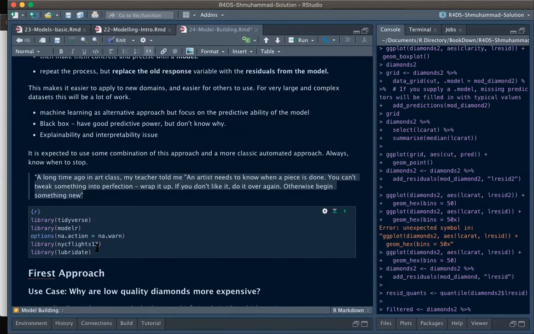What Hadley is trying to say is that as you are doing modeling, don't expect your models to be perfect, because when we're talking about modeling, we are talking about predictions in some sense. So don't think you always need a perfect prediction, a perfect answer. Just try as much as possible to see that you have some reasonable prediction capability and move on. If you don't have that, you can redo it again.